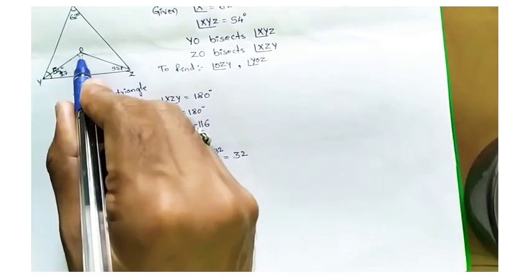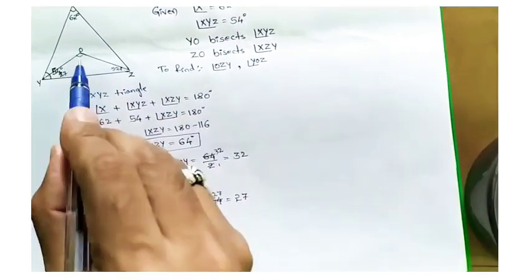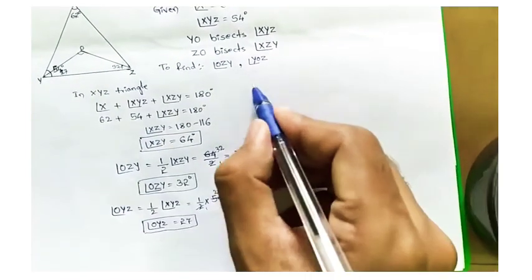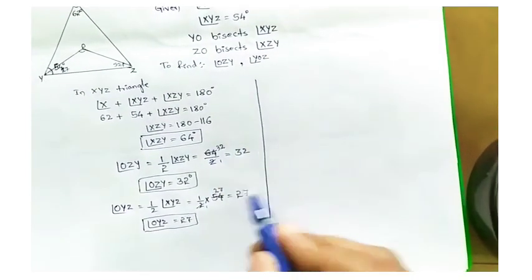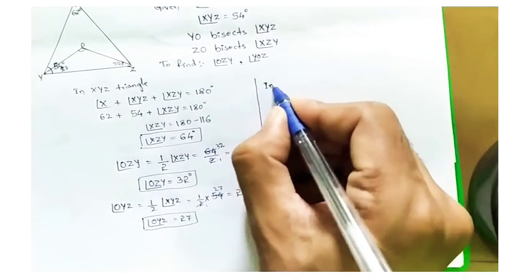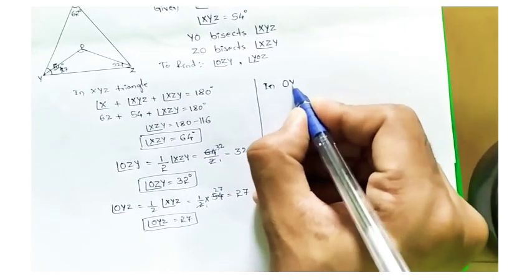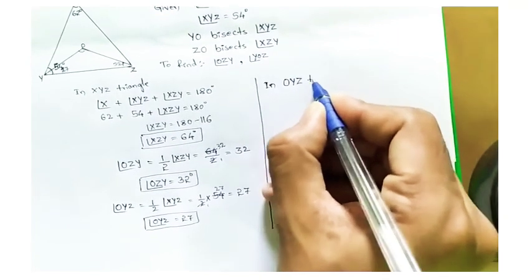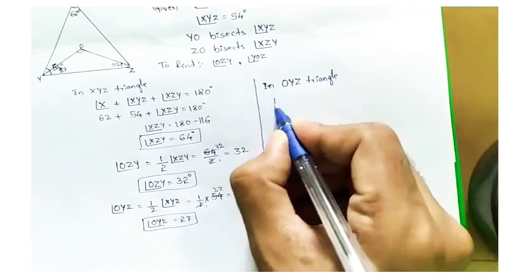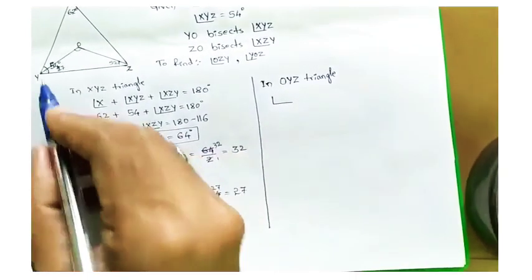So here one angle is there. If you use triangle OYZ, angle sum property, I will write this side. Continue it step by step. So in triangle OYZ, first angle, what is that?